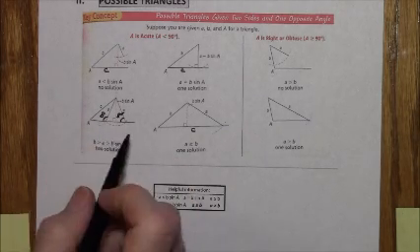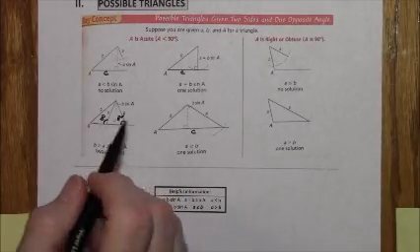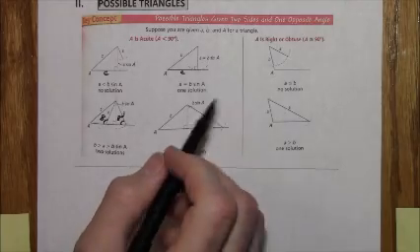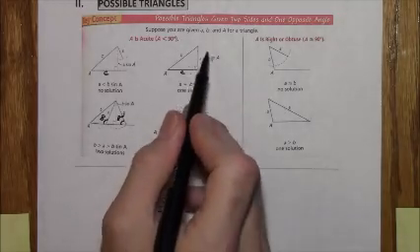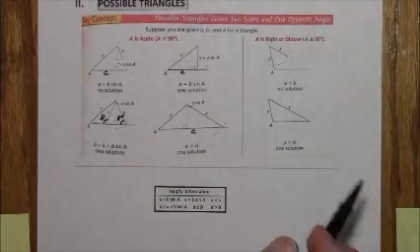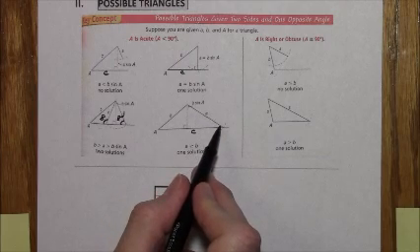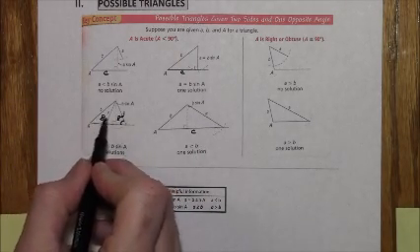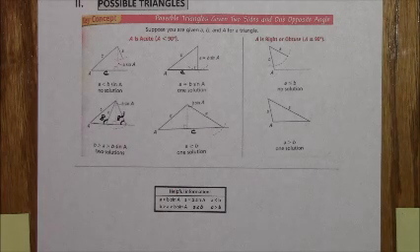So what your job will be for some of these problems is to first determine if you're going to have no solution because A is too small, one solution because A is making exactly a right angle, or A allows for a large obtuse angle, or A is the right size so you could actually end up with two triangles.